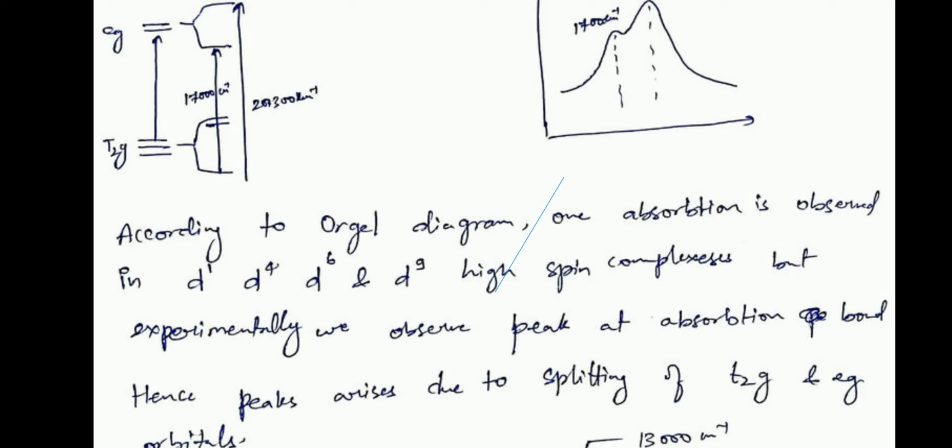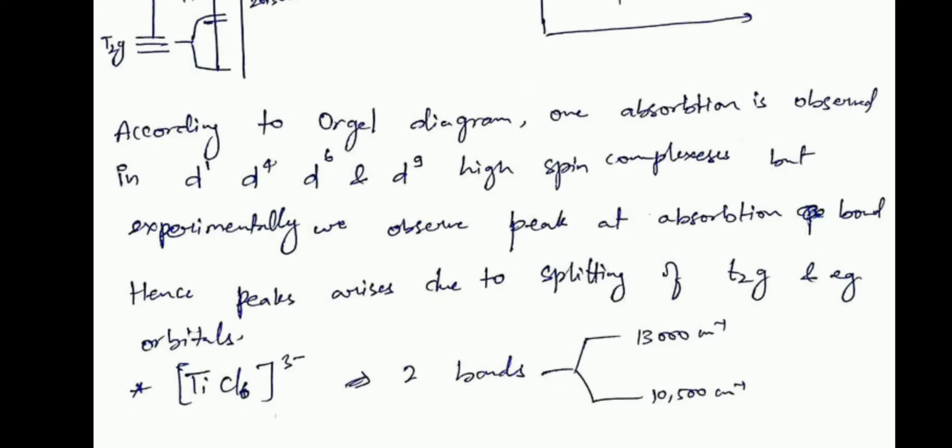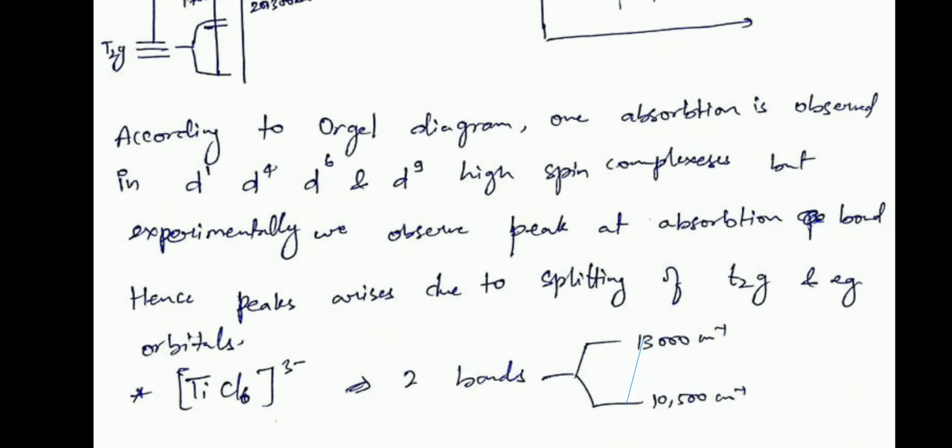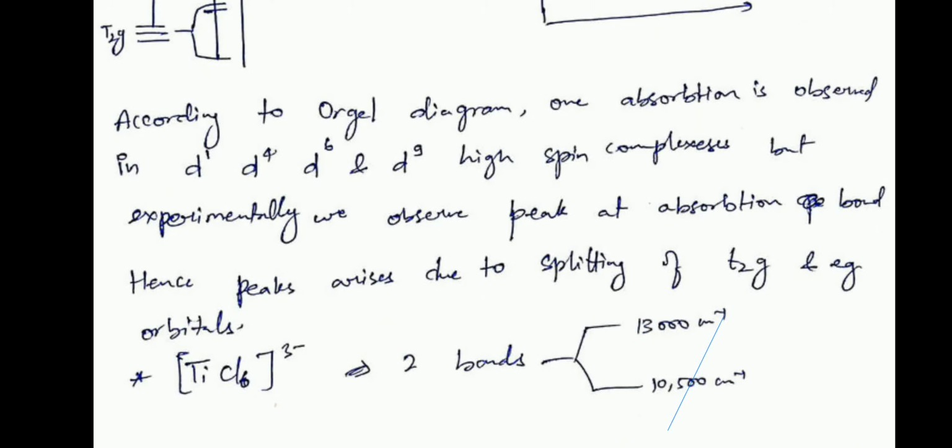But experimentally we observe a split peak in the absorption band. This arises due to the splitting of the T2g and Eg orbitals. There is one more example, titanium hexachloride, where you also get two bands.